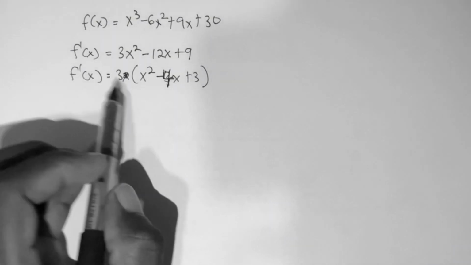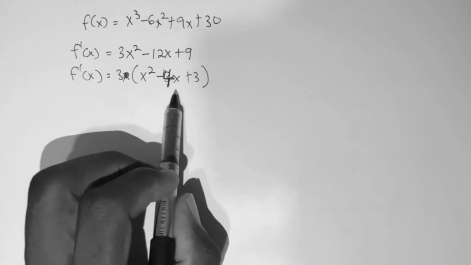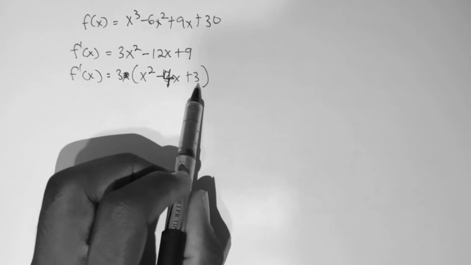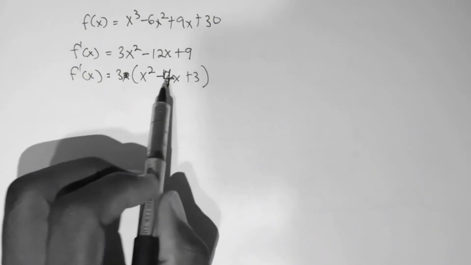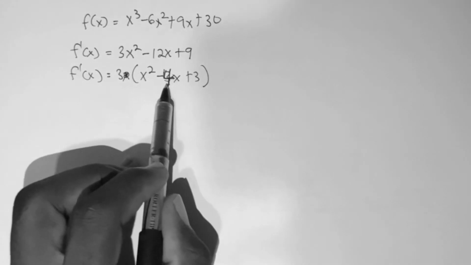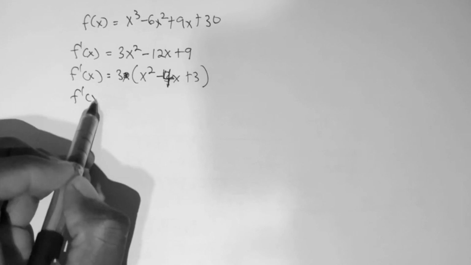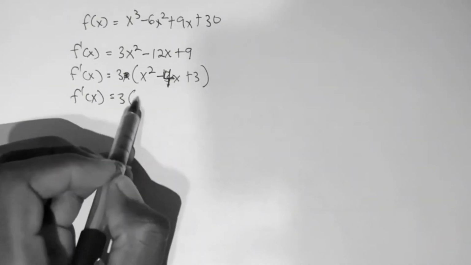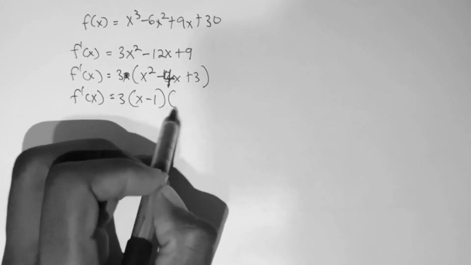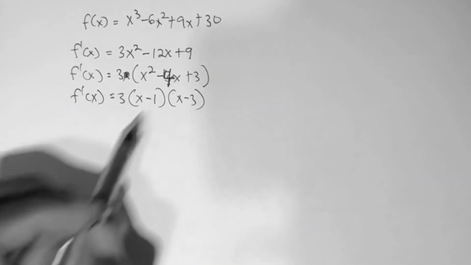So we are looking for two values which, when you multiply, you will get 3, but when you add, you get -4. So those values are -3 and -1. So f prime of x will become 3 times x minus 1, then x minus 3.